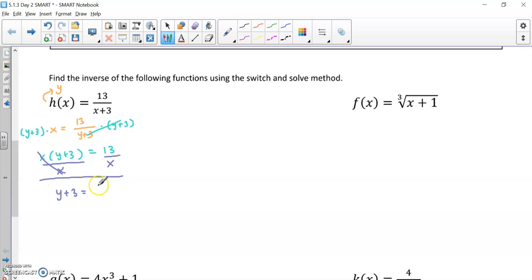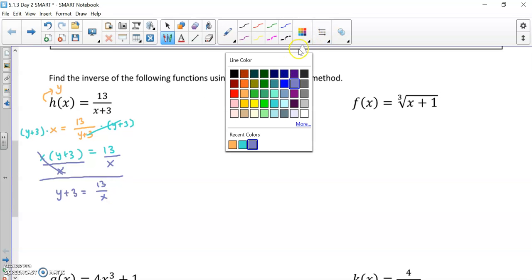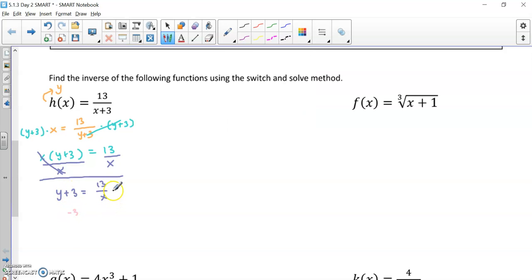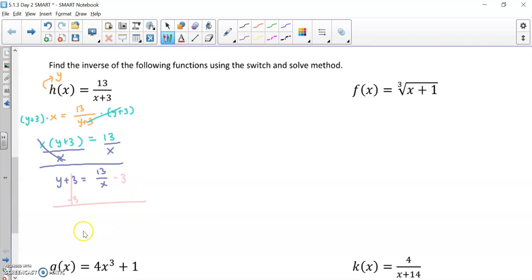And on this side we have 13 over x. Then we have one more step: to get y by itself, finally, by subtracting 3 from both sides. Okay, because that's the last thing stopping y from being alone.